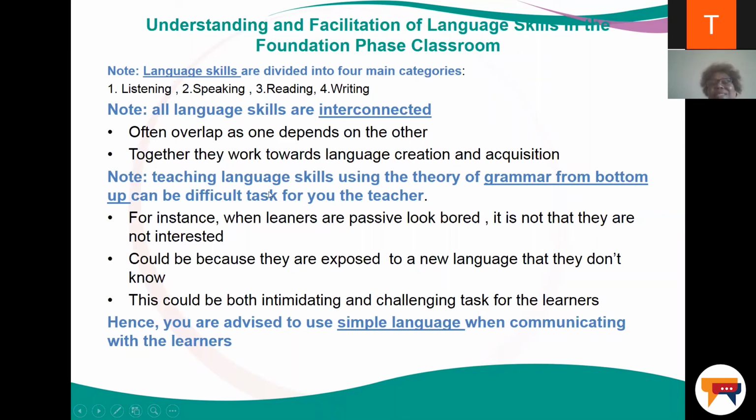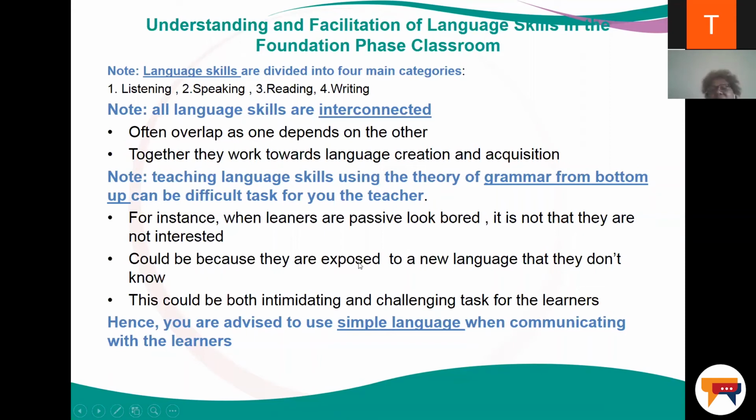Note, teaching language skills using the theory of grammar from the bottom up can be a difficult task for you as a teacher. For instance, when learners are passive, they look bored. It is not that they are not interested. It's because they don't understand you. They look bored, they are passive, because they don't understand.